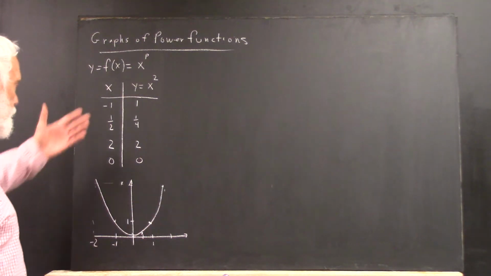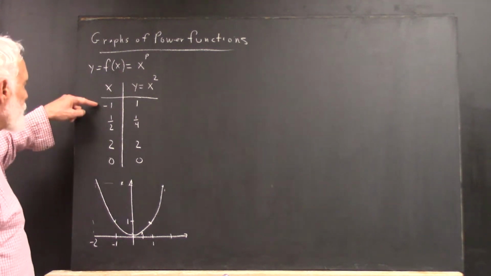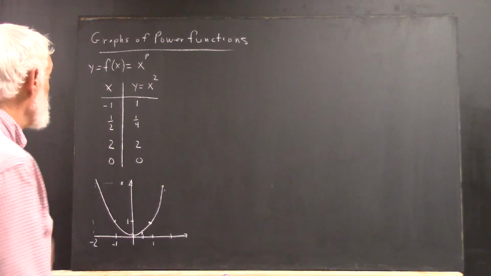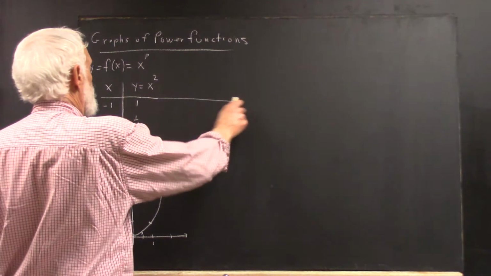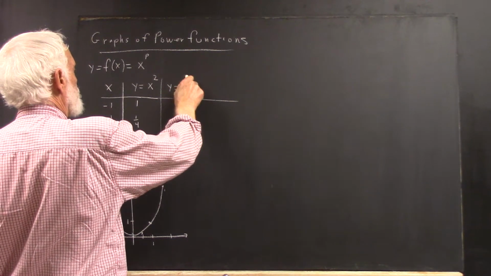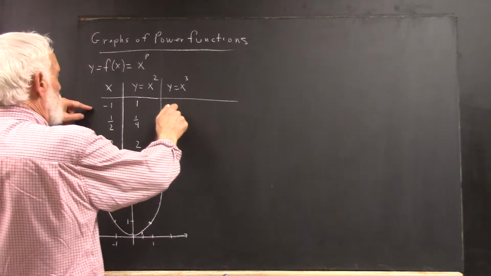Now, there's no reason you can't make the complete table. What we want to focus on is how varying the power varies these values. So if we just do kind of a multiple graph here, if we do y equals x cubed, what do we see? We see that when x is -1, y is -1.